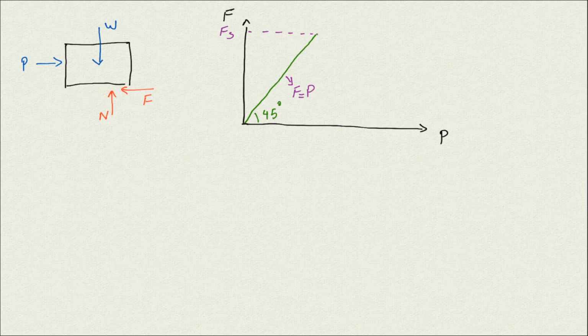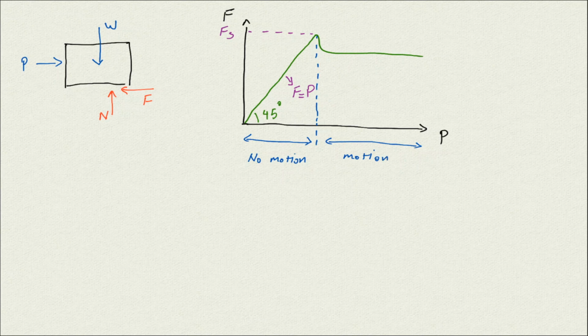By the time it gets to the verge of motion, there is a drop here, and then it becomes almost constant. Here is the part where there is no motion. Here is the part where there is a motion.